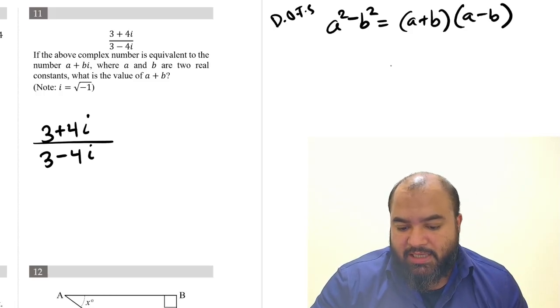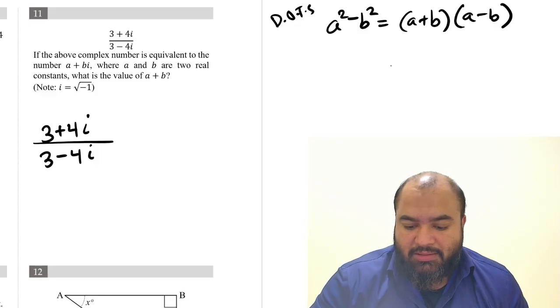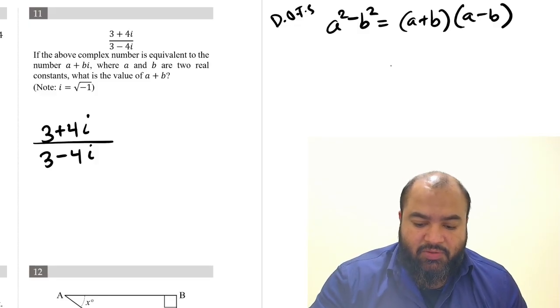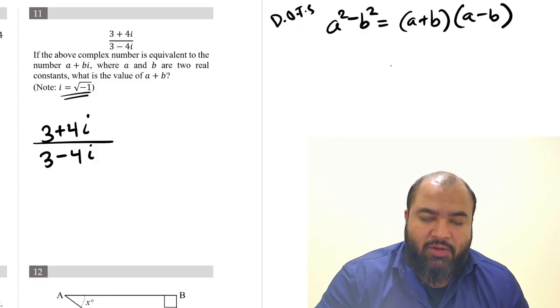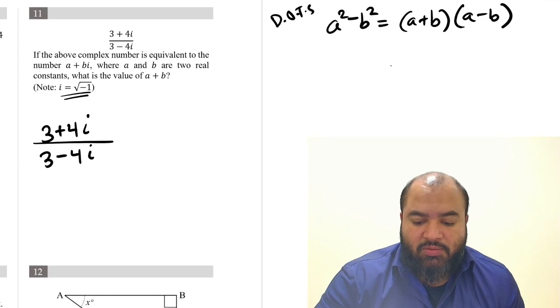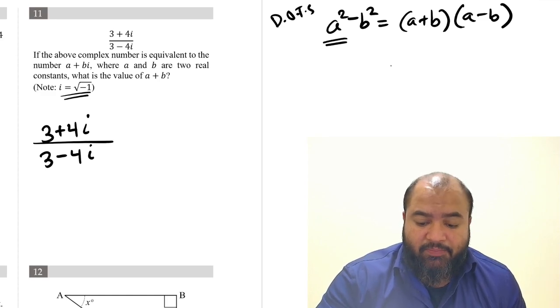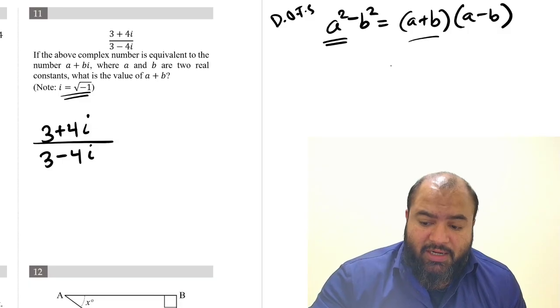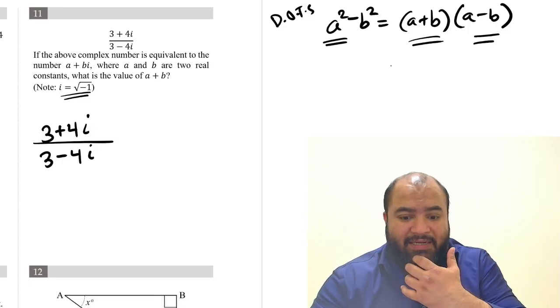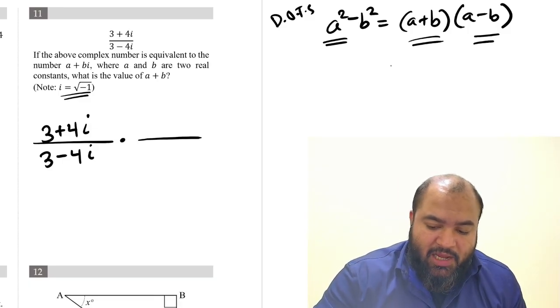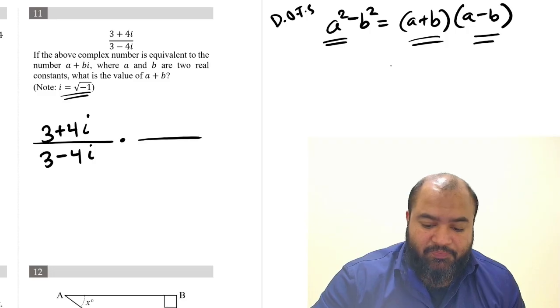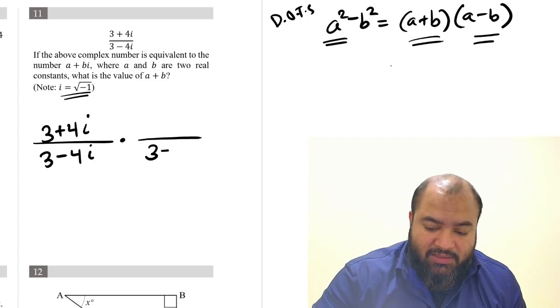So the point is, we do not want the i in the denominator. The only way a square root, because i is the square root of negative 1, will be gone is if I can bring in a square. So a square can come in if I can make a pair like a plus and a minus. So I'm going to multiply by its conjugate, that's what it's called. 3 minus 4i, I'm going to multiply top and bottom by 3 plus 4i.